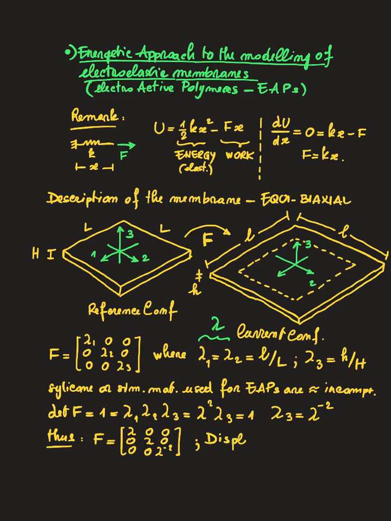The displacement is U divided by 2 on each side, so that the total displacement is equal to U. What I mean by displacement is how they displace with respect to each other. This U is clearly equal to l minus capital L.